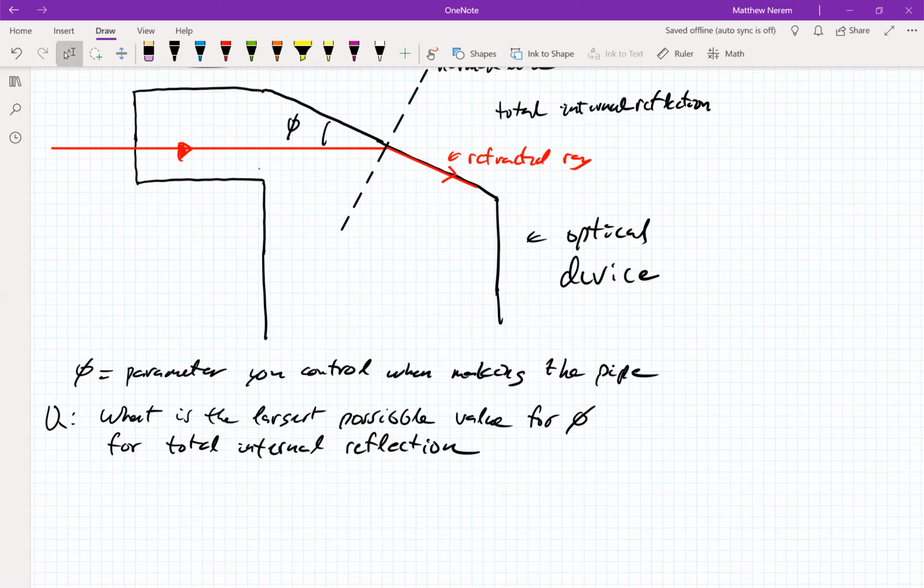So that's our problem. Let's zoom in, do some geometry and some physics at the same time.